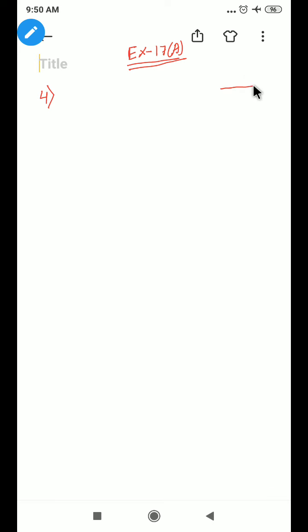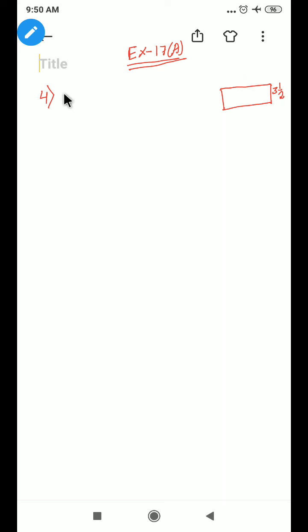So this is a rectangle. The breadth of the rectangle is given here as 3 whole 1 by 2 meter, and the length of the rectangle is 3 times this breadth.